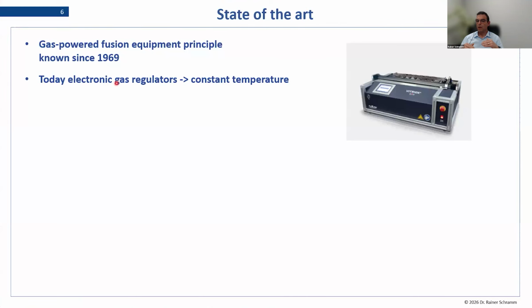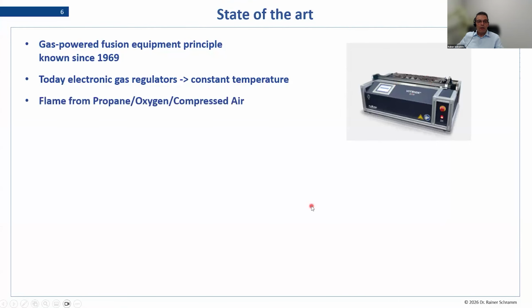And if it's a little bit too hot, of course, you lose more sulfur. If it's too cold, you lose less sulfur. And so very precisely, you can adjust your gas flows in the way that you hit the right sulfur value in the end, and from then on, it's just constant.